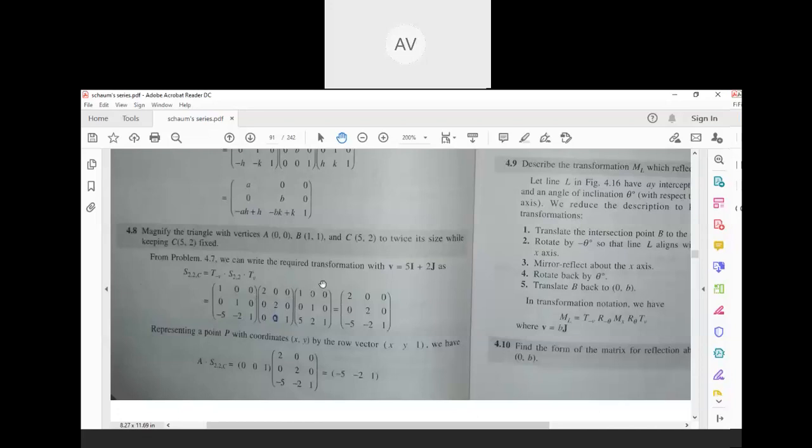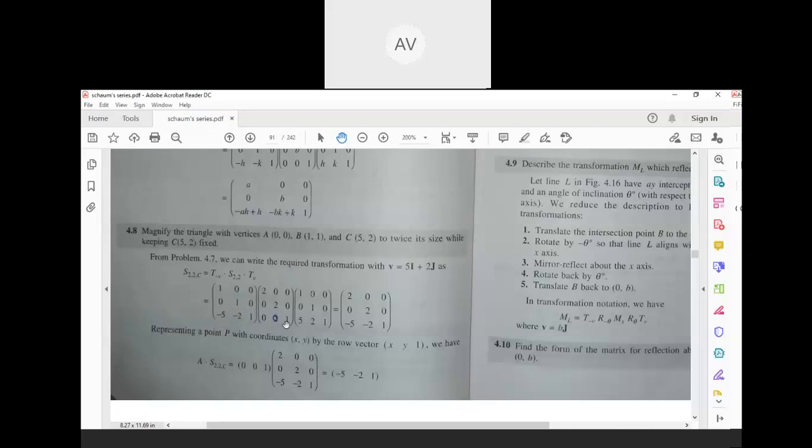Simple. Then what do we have to do? We have to fix this point and then scale. First we have to translate point C to the origin, that is, by minus 5, minus 2, so point C moves to the origin and is now fixed.